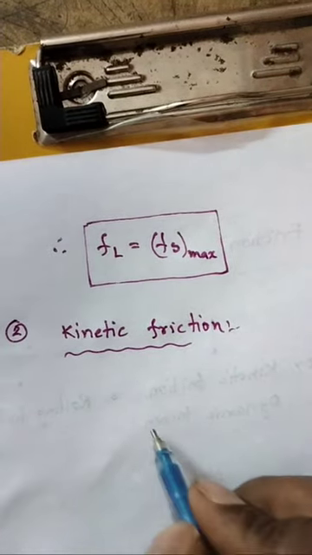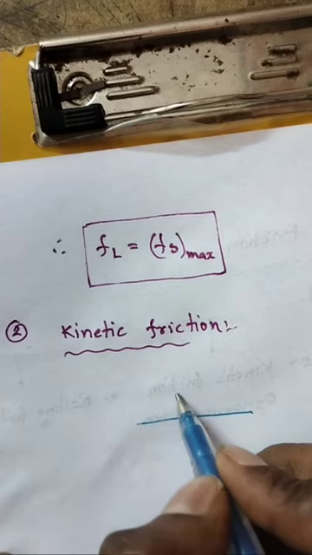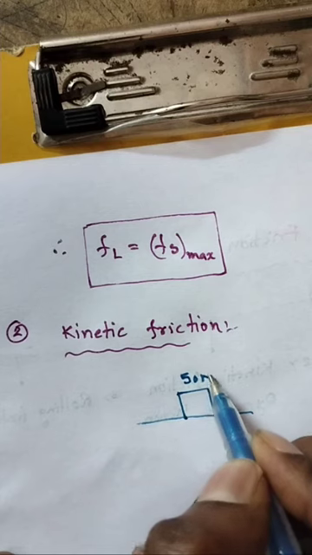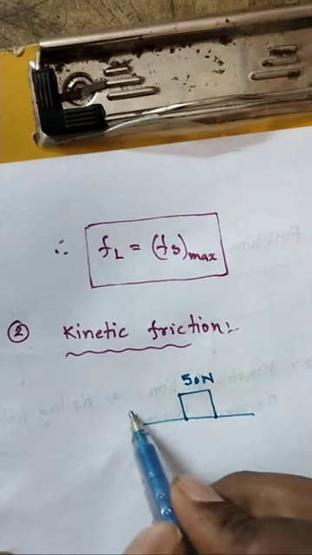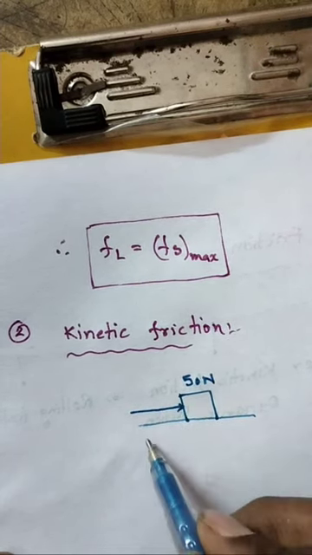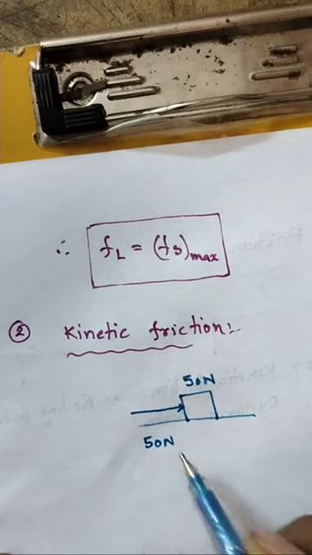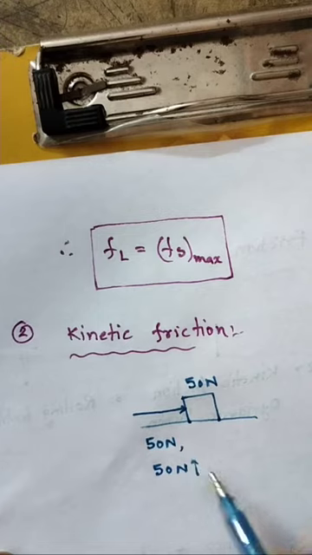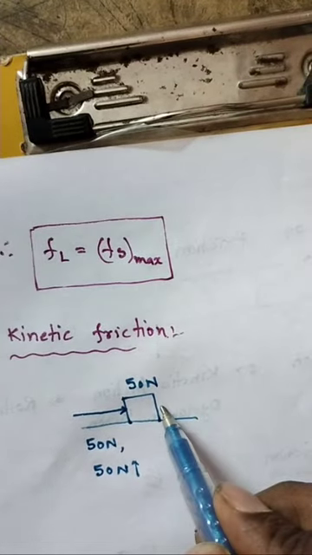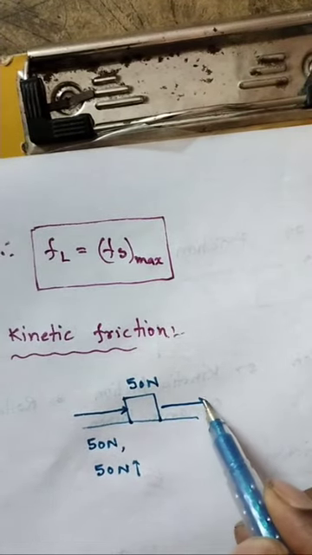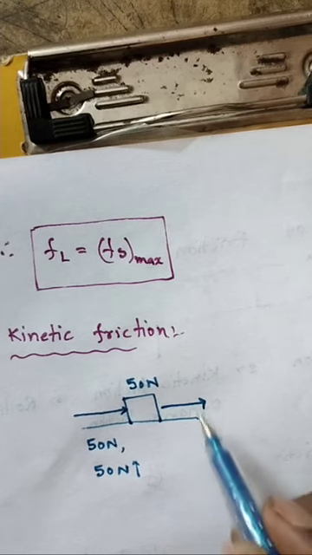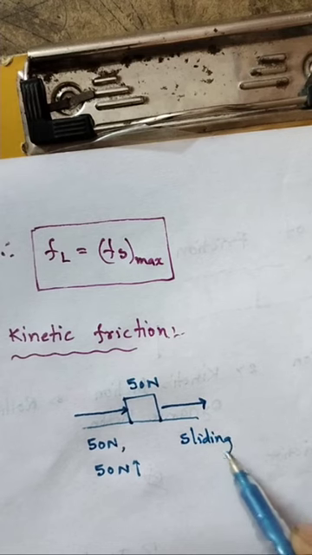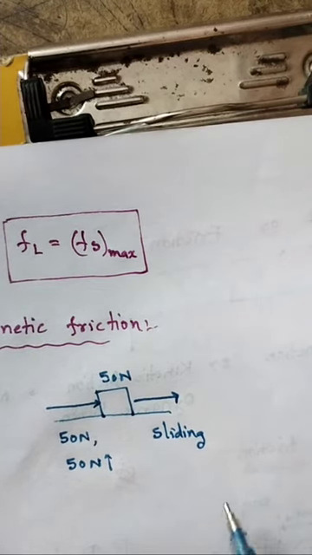In the previous example, the normal reaction force is 50 Newtons. Suppose you apply 15 Newtons and above, what happens? The body slides on the surface.